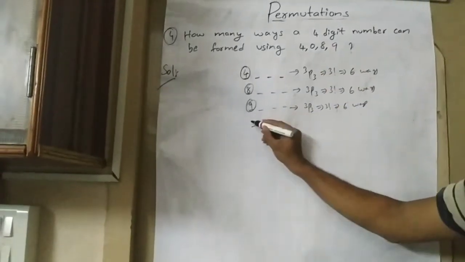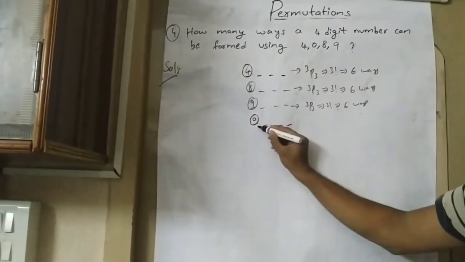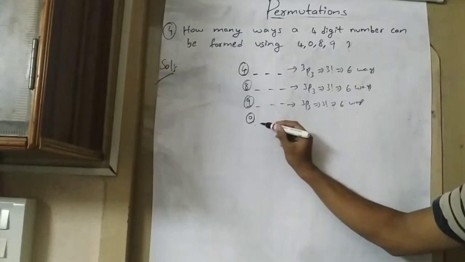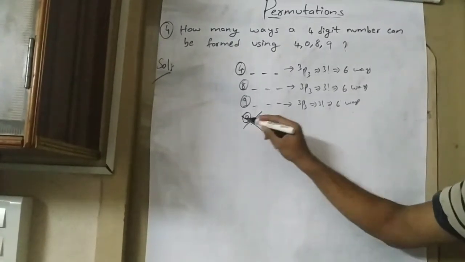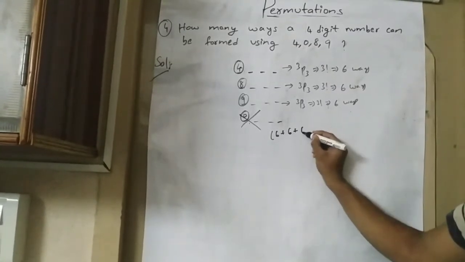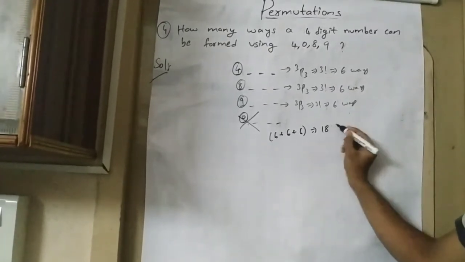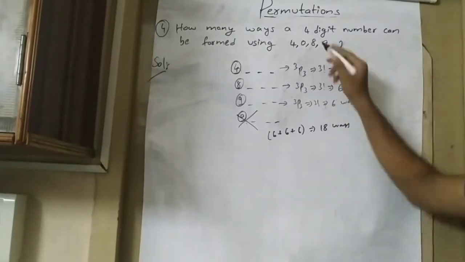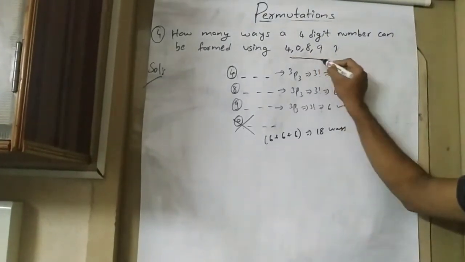But if we fix 0, it will not become a 4-digit number, it will become a 3-digit number. So we should not take 0. So the total number of ways will be 6 plus 6 plus 6, that is equal to 18 ways. So in 18 ways we can arrange 4-digit numbers using 4089.